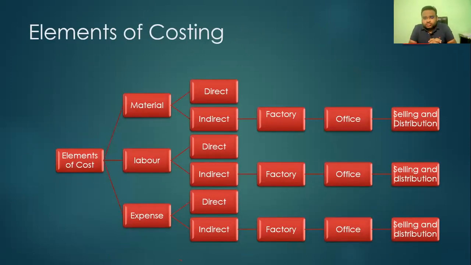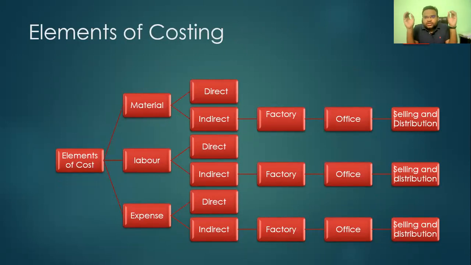Now let us move to the next concept, elements of costing. Sir, if you see all our 15 chapters, they may be chapters of elements of costing, or methods of costing, or techniques of costing. Three concepts. Clear? I'm repeating again.